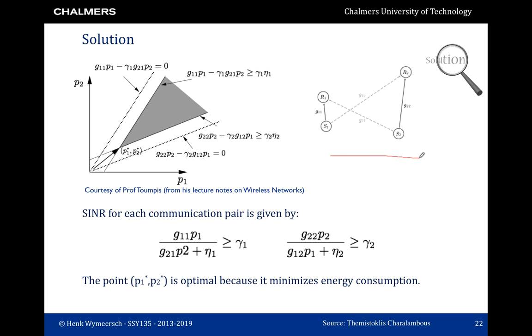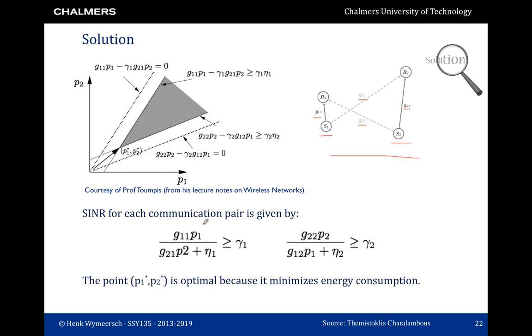So the scenario shown on the right: there are 2 transmitters, S1 and S2, 2 receivers, R1 and R2, and the channels, G11 from transmitter 1 to receiver 1, G12 from transmitter 1 to receiver 2, G21 from transmitter 2 to receiver 1, and G22 from transmitter 2 to receiver 2.